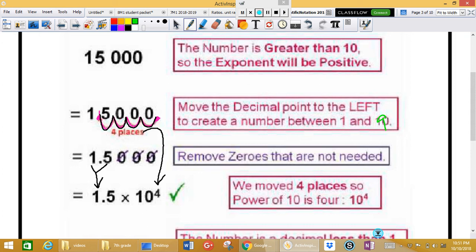So this number, if I move it over 1, I turn 15,000 into 1,500. Now it's 150. Now it's 15. Now it's 1.5. So when I count, I had to go 1, 2, 3, 4 places. So that's how I know my exponent's going to be 4. And the 1.5 is my leading term. So it's 1.5 times 10 to the 4th.